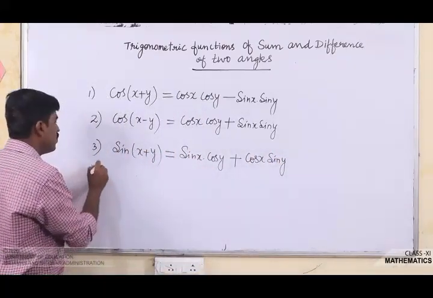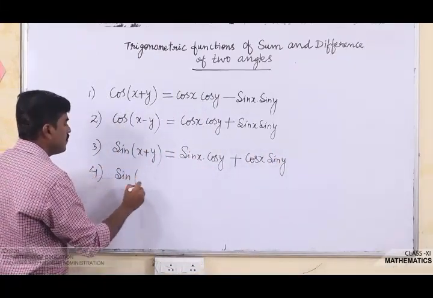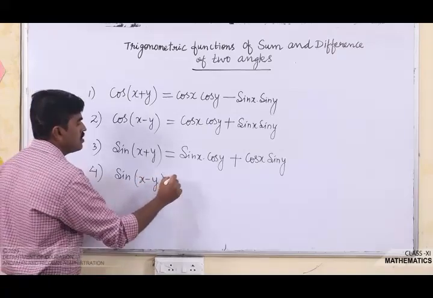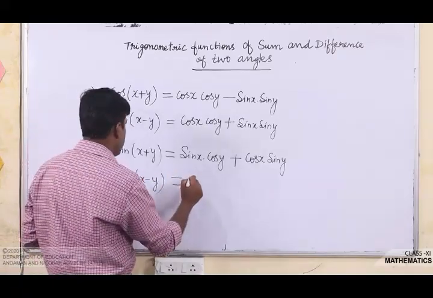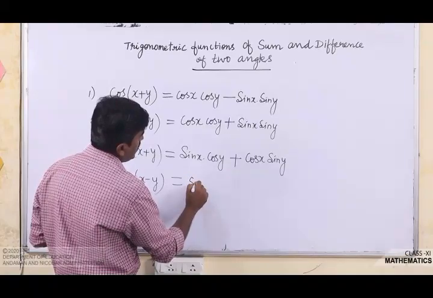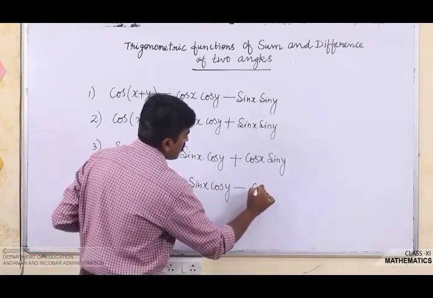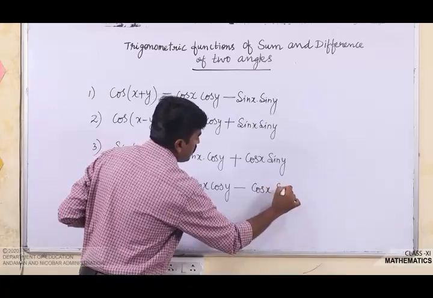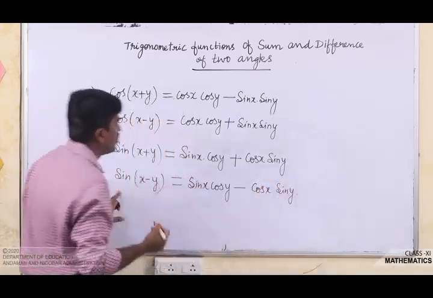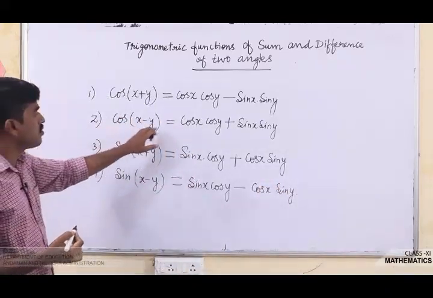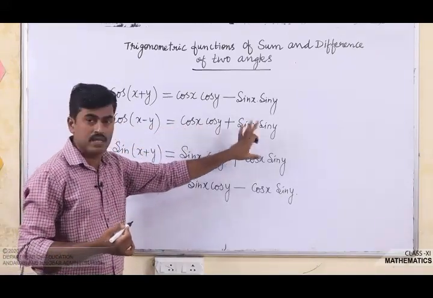And number 4, sin of x minus y is equal to sin x cos y minus cos x sin y. Once again, cos of x minus y is equal to cos x cos y plus sin x sin y.